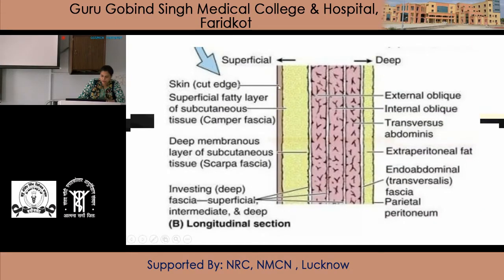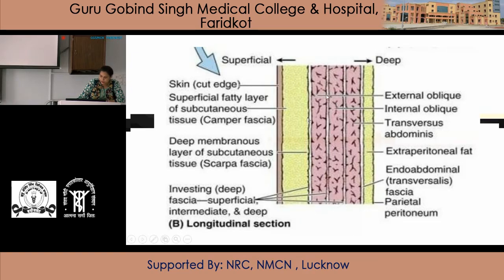First is the skin, then the superficial fascia, which has 2 layers: the superficial fatty layer, known as Camper's fascia, and the deep membranous layer, known as Scarpa's fascia. Then is the investing fascia, that is the superficial, intermediate, and deep.